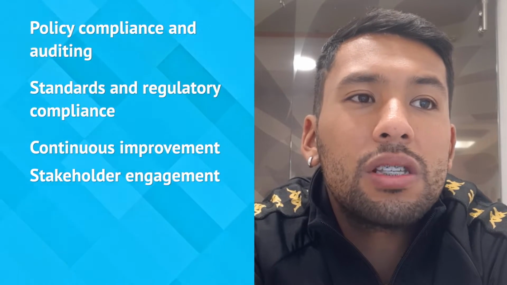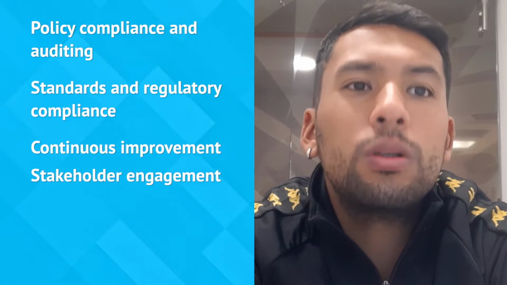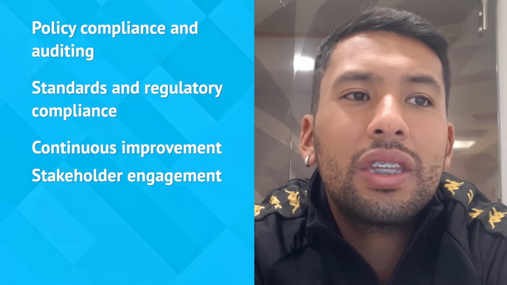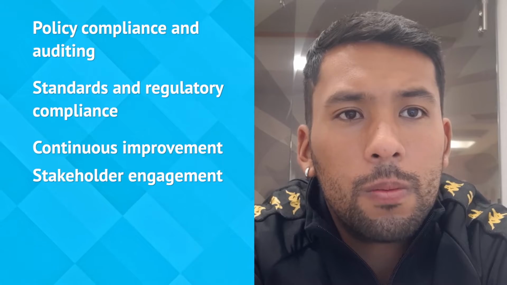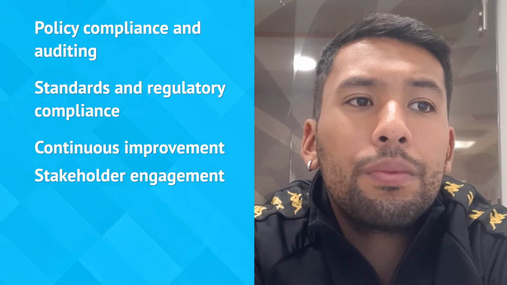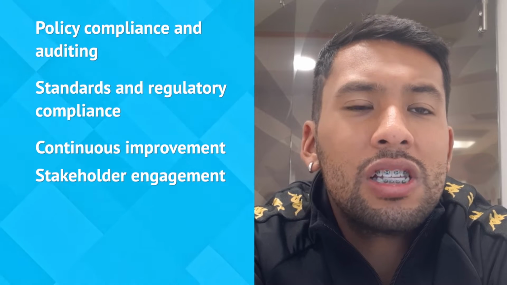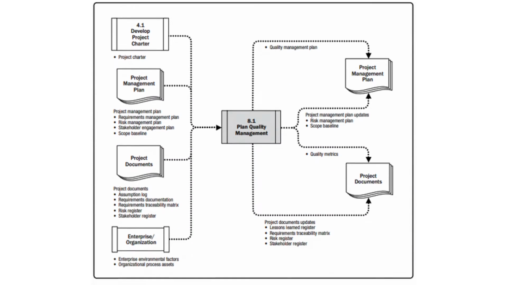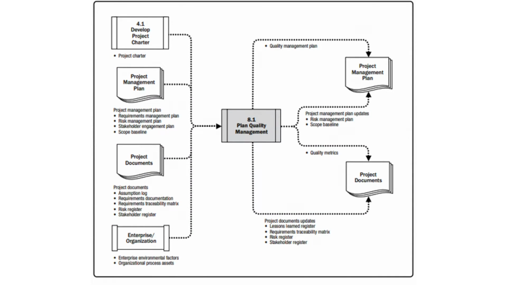Are there any specific governmental, legal, or regulatory constraints that need to be taken into consideration? Continuous improvement: How will quality improvement be managed in the project? Is it managed at the organizational level or at the level of each project? Stakeholder engagement: is there a collaborative environment for stakeholders and suppliers?